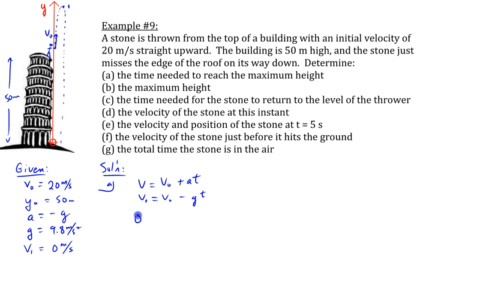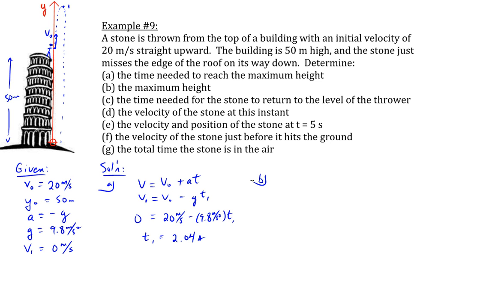So we have 0 as our final speed. Our initial speed is 20 meters per second minus 9.8 meters per second squared times t. We'll call it t1, by the way. And that will give you a time of, to 3 sig figs, about 2.04 seconds. Okay, that's part A. Let's go on to part B.